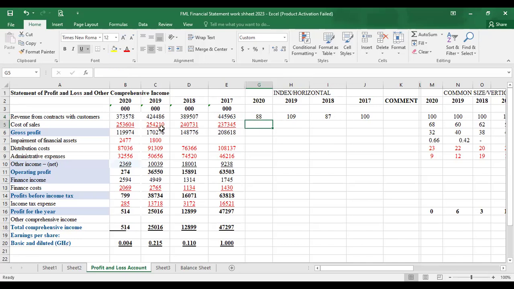Okay, so let's do the same computation for the cost of sales, and then let's see. So the cost of sales for 2020 divided by the cost of sales of 2019 multiplied by 100. 100%.